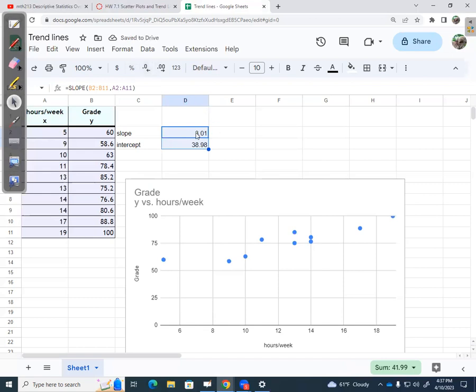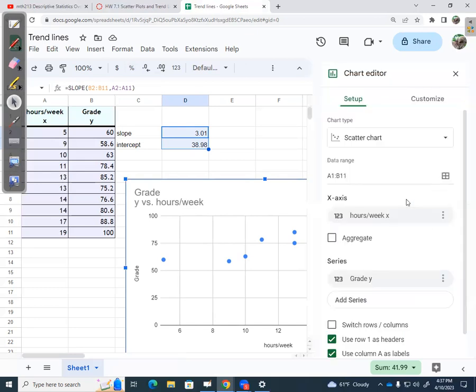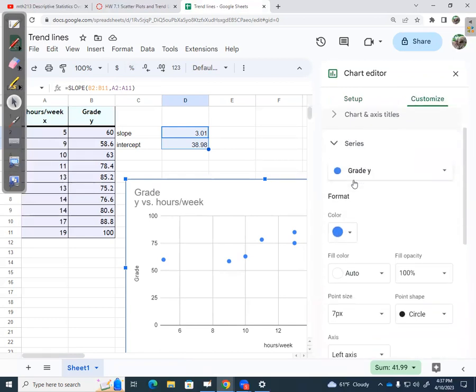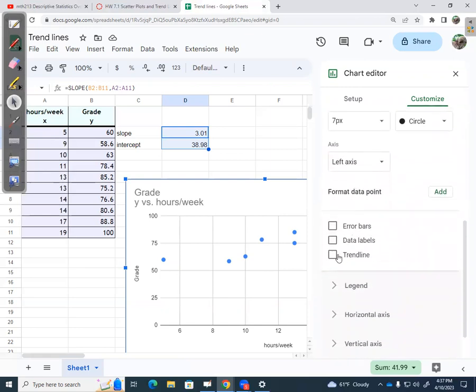So if I graph the line, y equals about 3x plus 38.98, that line should look like it goes through this data. If you want to see that line, then click back on the graph and go to edit. And under customize, we want to customize the series, which are the lists of numbers. And if you scroll down there, they have a trend line option.